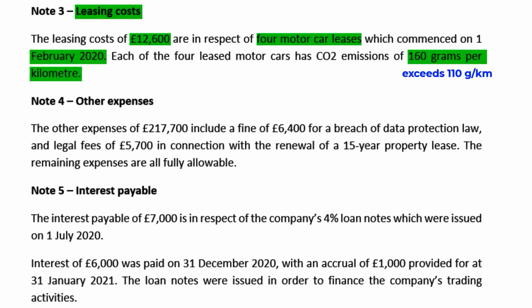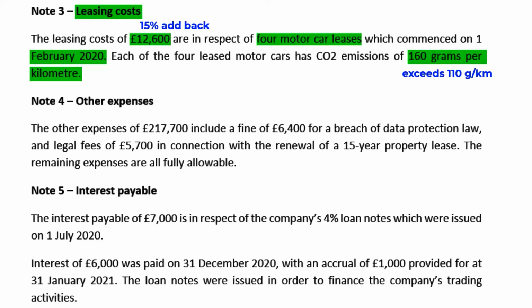Therefore, only 85% of the leasing costs would be allowable. 15% would be disallowable. Therefore, 12,600 times 15% would be an add back. If it was less than 110 grams per kilometer, then 100% allowable. Not the case here. 160 grams per kilometer, so 15% of 12,600 is an add back.